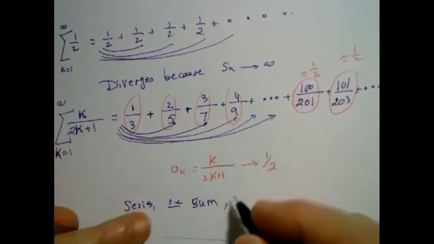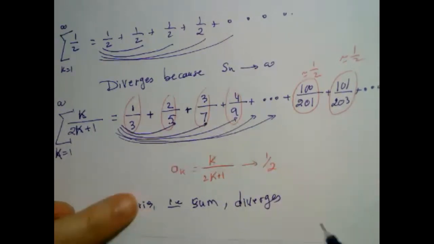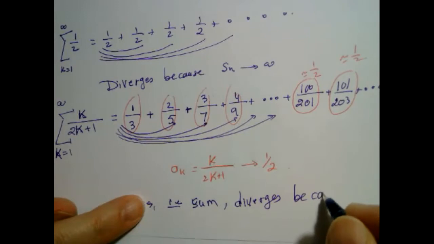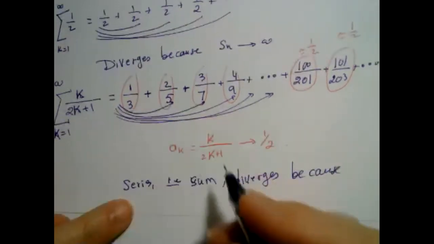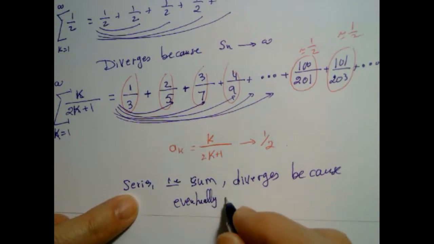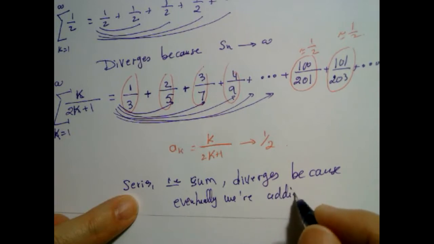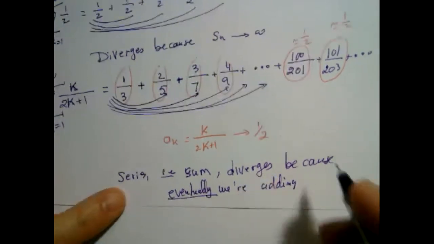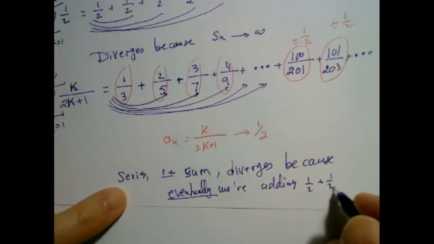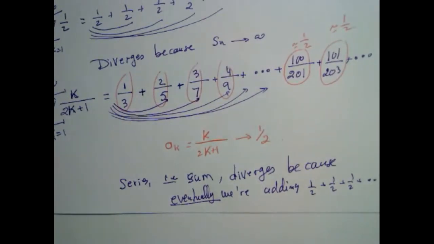So the series diverges because, as you guys put it, eventually we're adding a half to a half to a half, et cetera, which is going to blow up. So this series definitely is going to diverge.